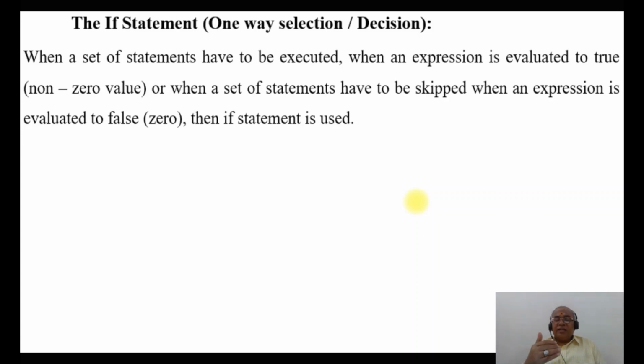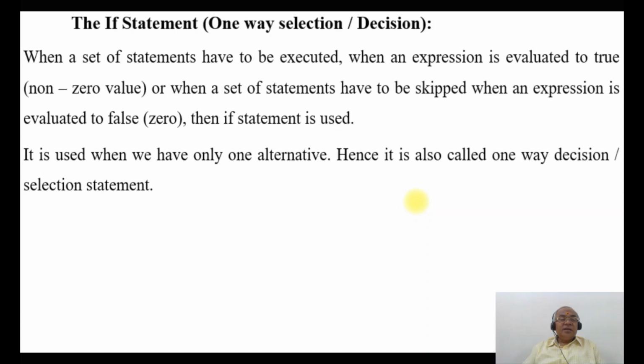Or a set of statements has to be skipped when an expression is evaluated to false, that means it becomes 0. So one is true and 0 is false. The if statement is used when we have only one alternative.